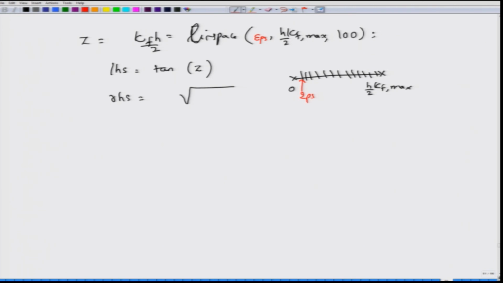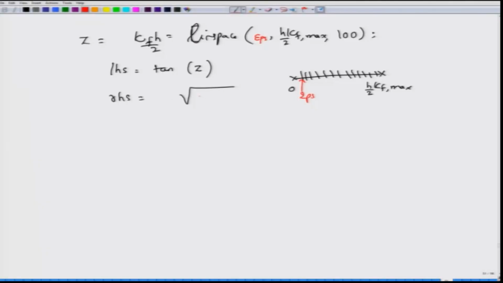So, you choose the value by looking at what you get from your MATLAB code, or whatever code you are using, to find the appropriate small non-zero value epsilon.